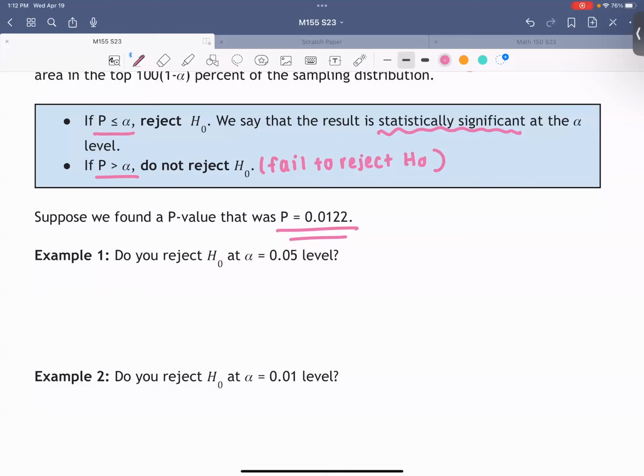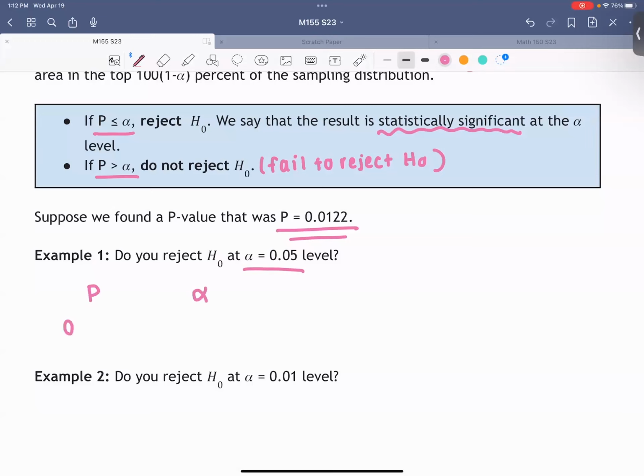Let's do example number 1. Do we reject H0 at alpha equals 0.05? Whenever I do one of these questions, I can't compare two numbers if I don't write them side by side. You don't have to do this, but I write p on the left, I write alpha on the right, and I stack them next to each other.